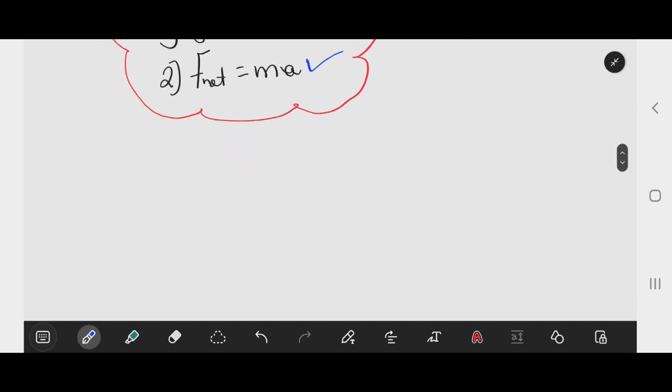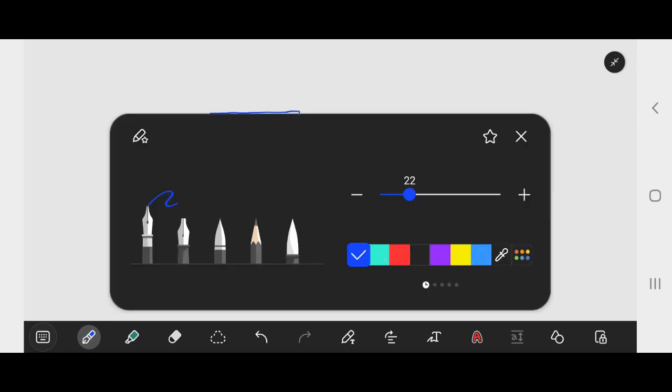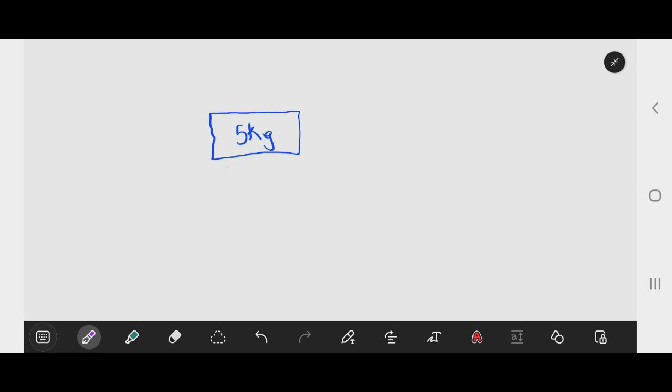So let's say we have an object of mass 5 kg, and this object is resting on a horizontal surface.